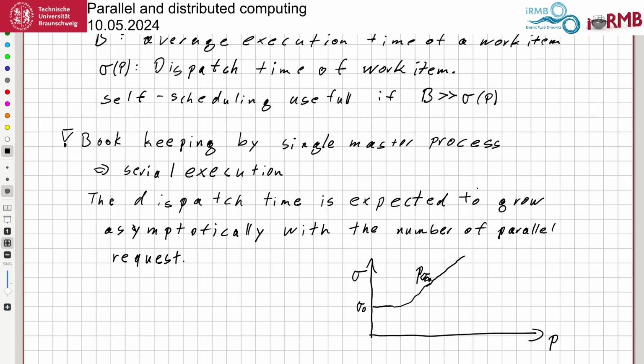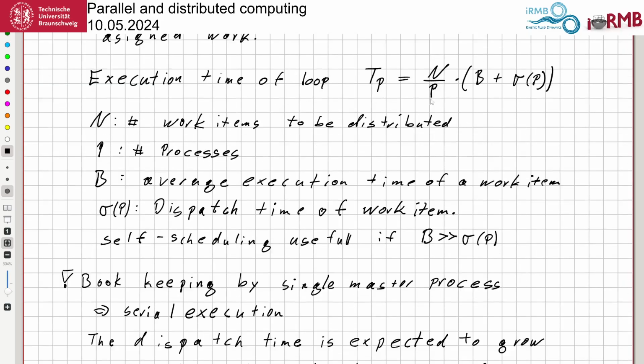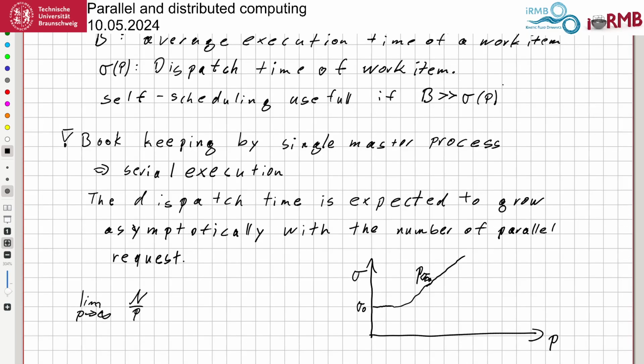And this grows then proportional to p, which means if we take the limit of p going to infinity of what we had in the equation above, n divided by p times sigma as a function of p, this will now become p times sigma infinity, so the p will go away and we have just n times sigma infinity.